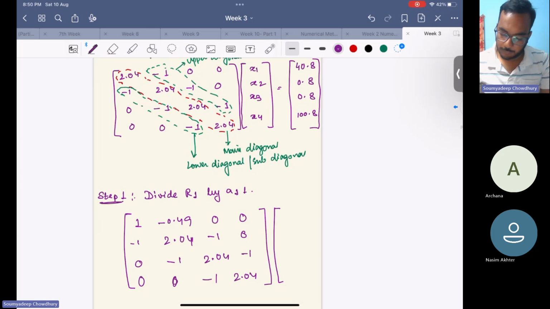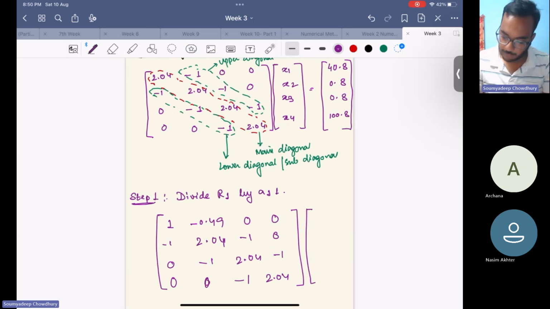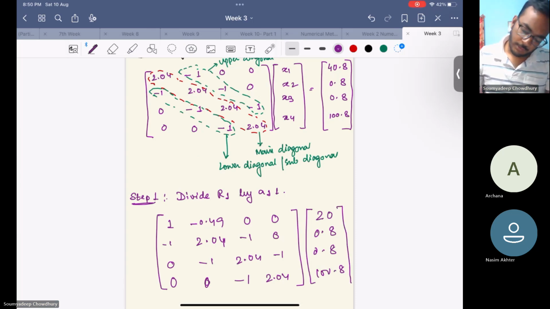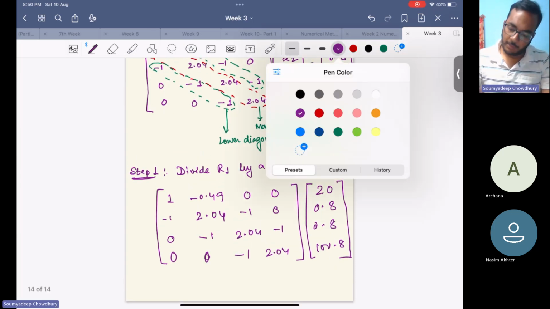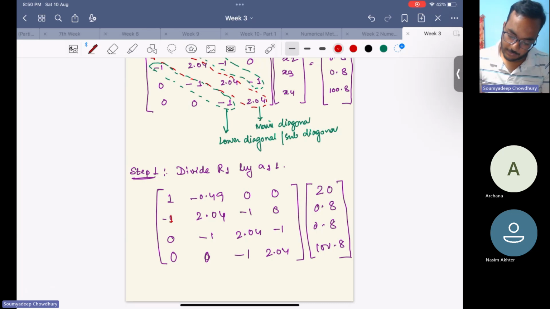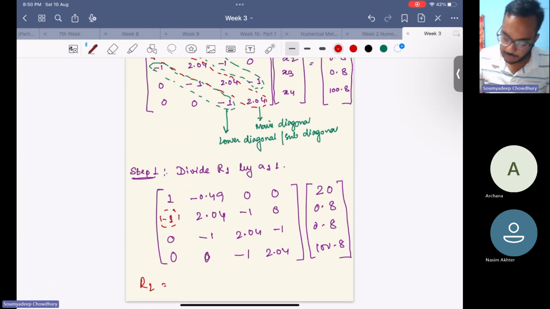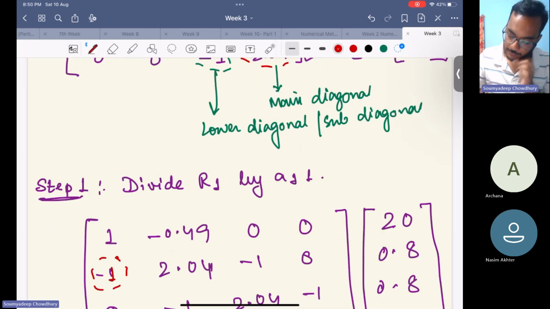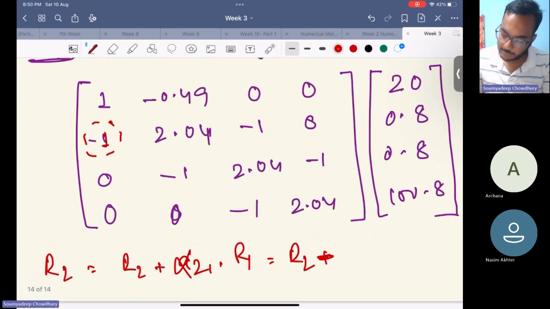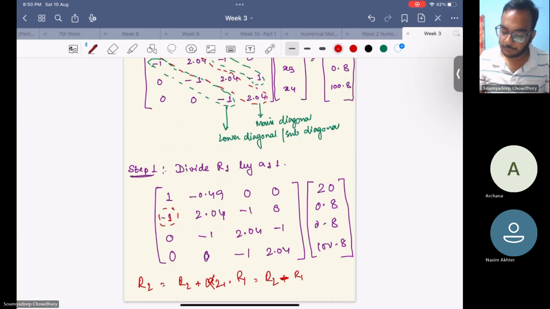40.8 divided by 2.04 is 20.8. Now what we do is similar to the elimination process. We make this element equal to 0. So R2 will be R2 plus alpha 21 times R1. Alpha 21 is -1, so it is basically R2 minus R1.